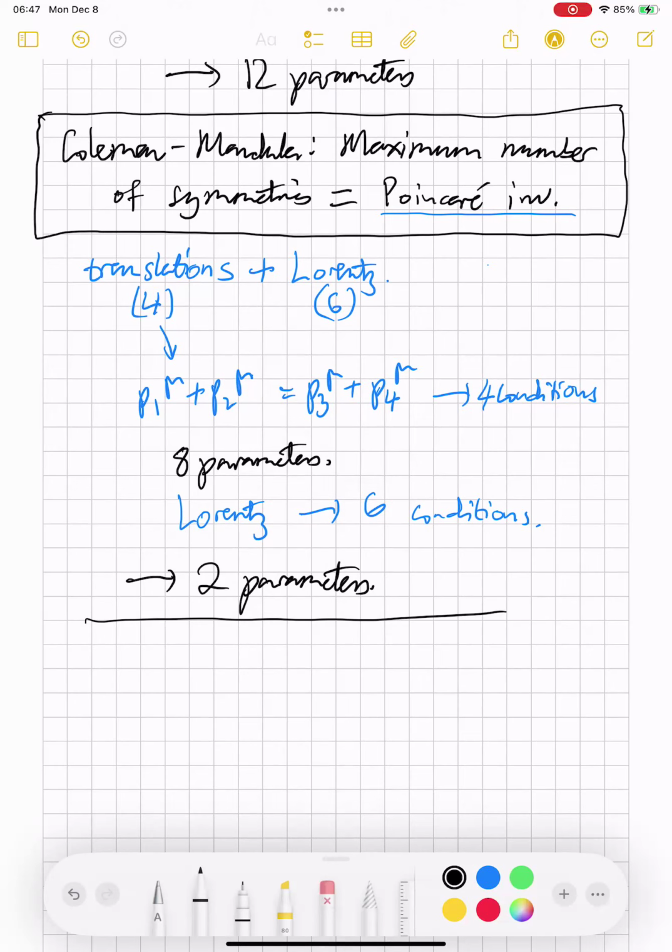Every time you have a conservation law, that implies another constraint, so it eliminates a parameter from your theory. Once you've got translational symmetries and Lorentz symmetries, you've eliminated so many parameters that you're just left with those 2 parameters, so you can't eliminate any more. So the maximum number of symmetries that you can have is Poincare invariance.